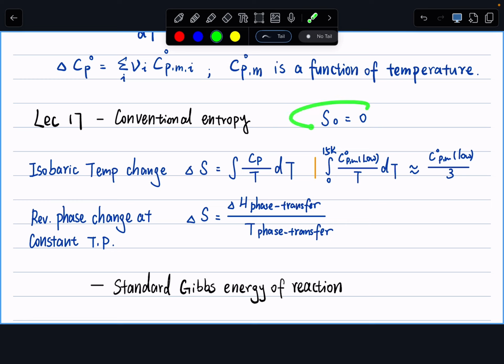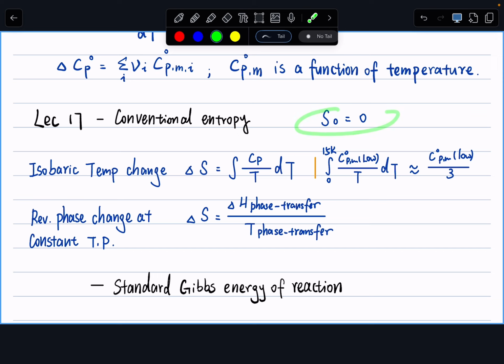We're saying that S0 equals 0. And then using the third law of thermodynamics, at 0K, for any kind of internal equilibrium going on, the change of entropy is 0. So that's a bit of conceptual derivation we did.